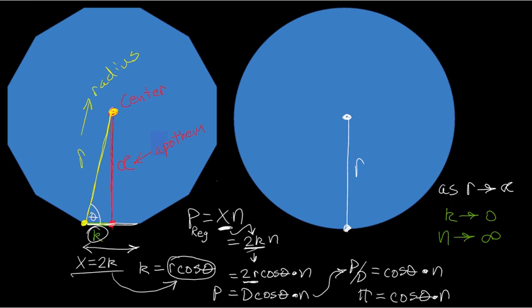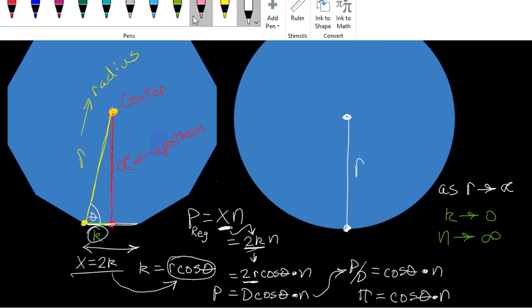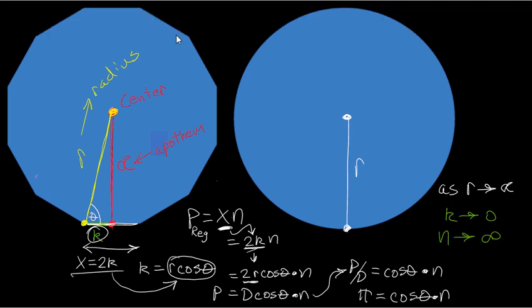Okay? So we can go ahead and go back, and let me use a different color. We can go ahead and go back and replace cosine theta times n right here with this guy. Okay, we can go ahead and replace that. And running out of room here, I'll just come into the circle.